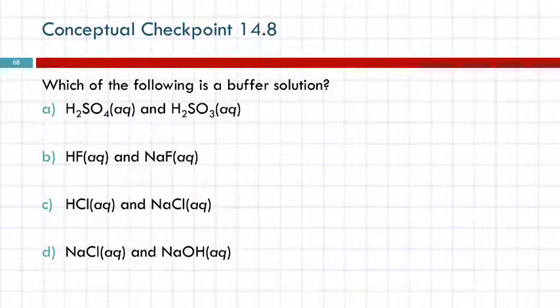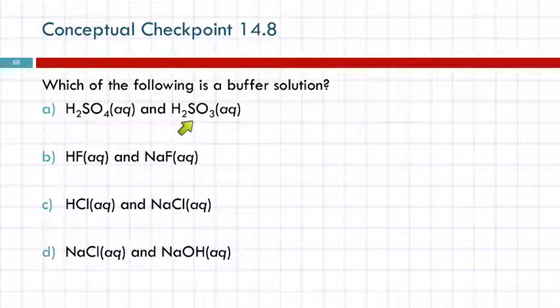So what you need to be able to do is identify what is a buffer solution. So a buffer solution contains a weak acid and its conjugate base. So let's look at this system here, H2SO4 and H2SO3. Well, is this a strong acid or a weak acid? That's a strong acid.